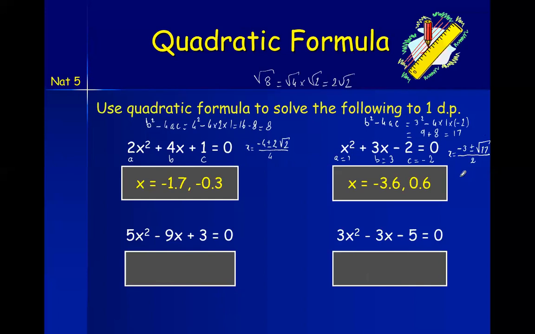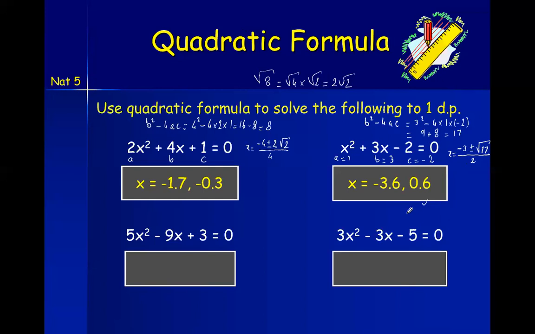So if I do minus 3 plus root 17 divided by 2, my calculator gives me 0.56155, so 0.6, so it's the first one there.